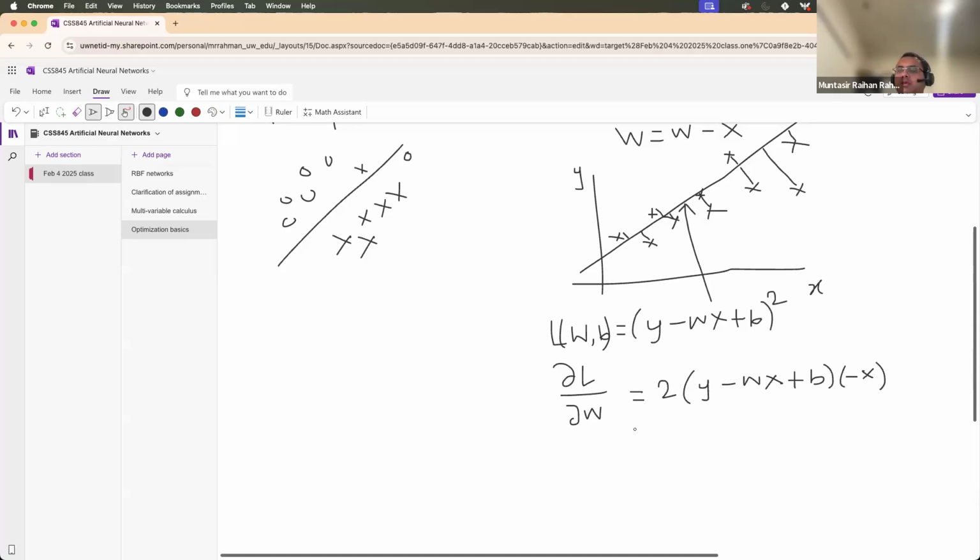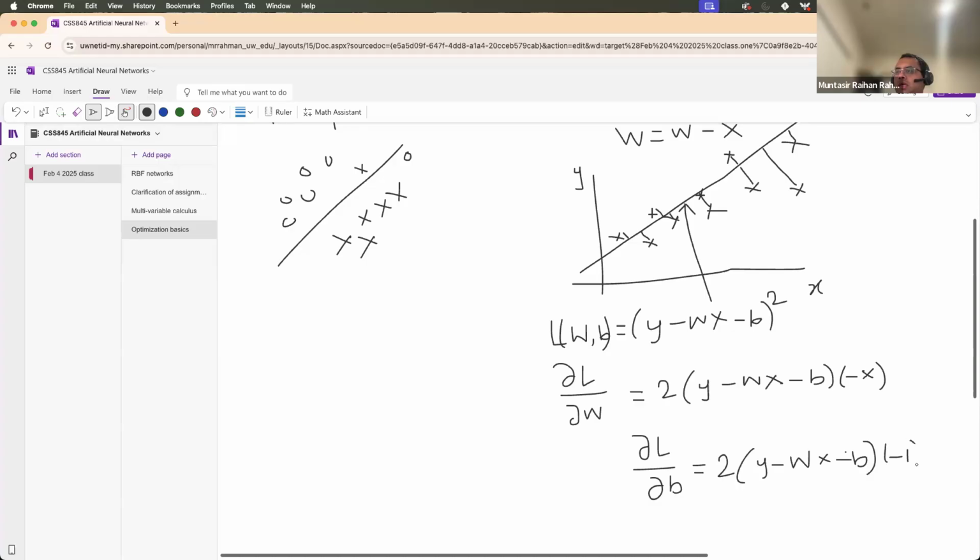And then with respect to b, we're going to have 2 times (y minus wx minus b). This should actually be a minus, and then this will have a -1.